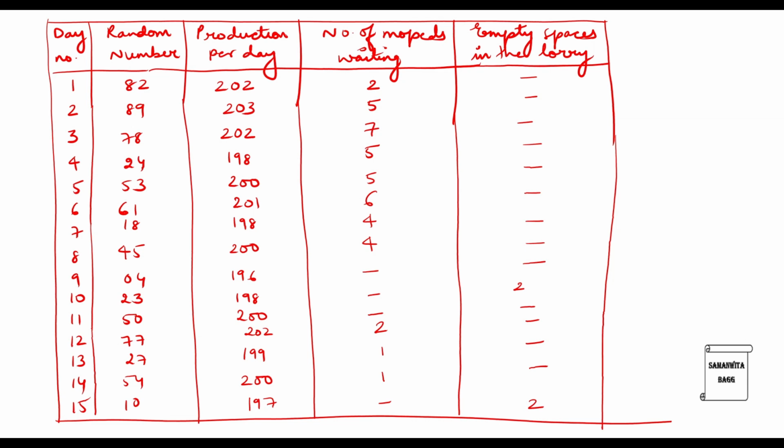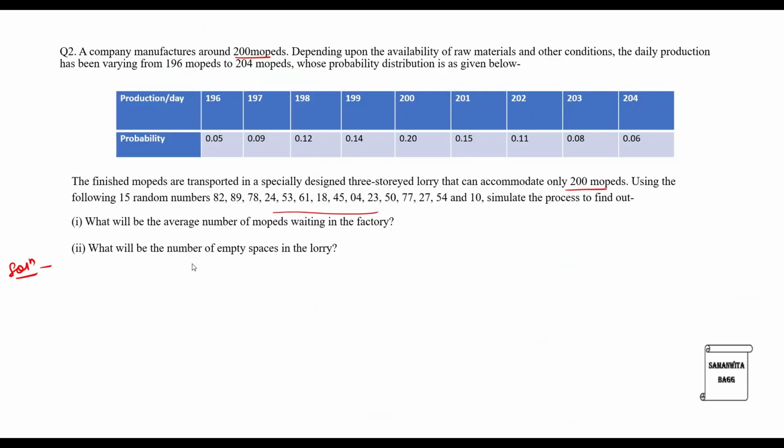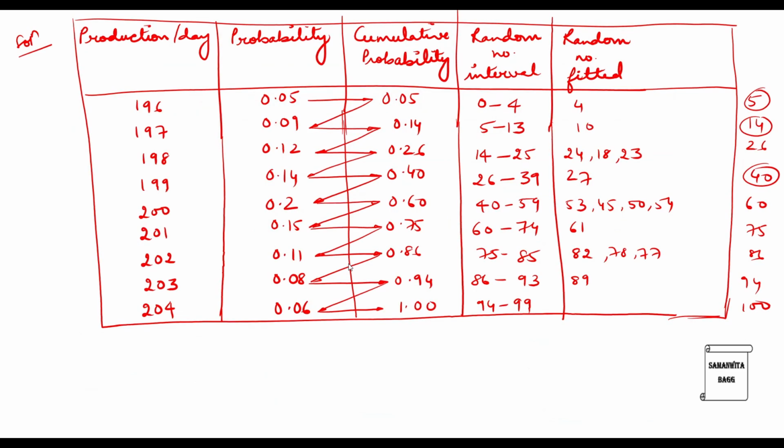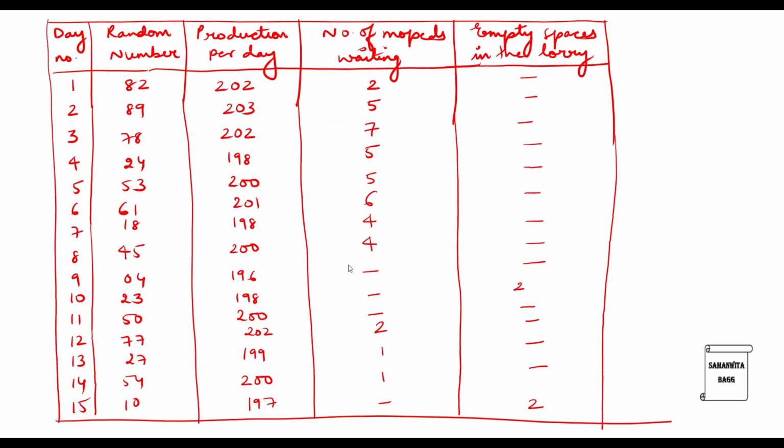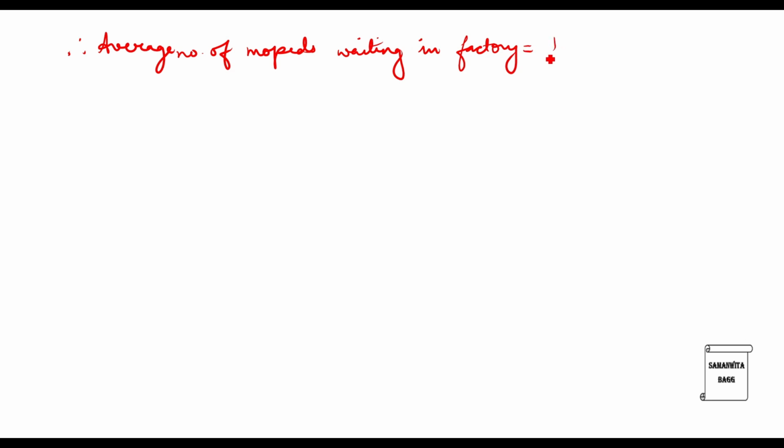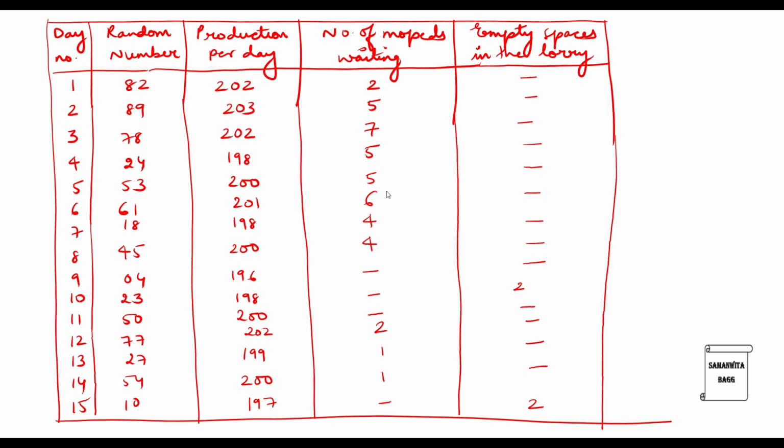You are told to calculate the average number of mopeds waiting in the factory. For that, what will you do? You will write down, therefore, average number of mopeds waiting in the factory will be 1 upon 15. 15 is the number of days, and here you are going to add all these numbers.